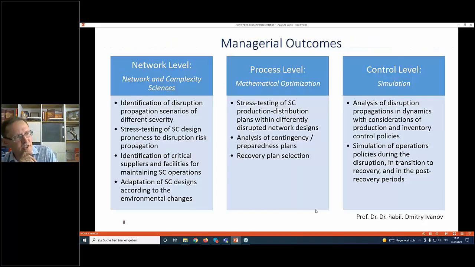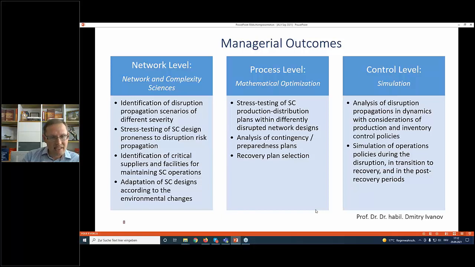Now we are interested to see what the managerial outcomes are, what managers in real life can learn from application of these methods. Applying network level methods, we can identify disruption propagation scenarios of different severities, like pessimistic and optimistic ones.